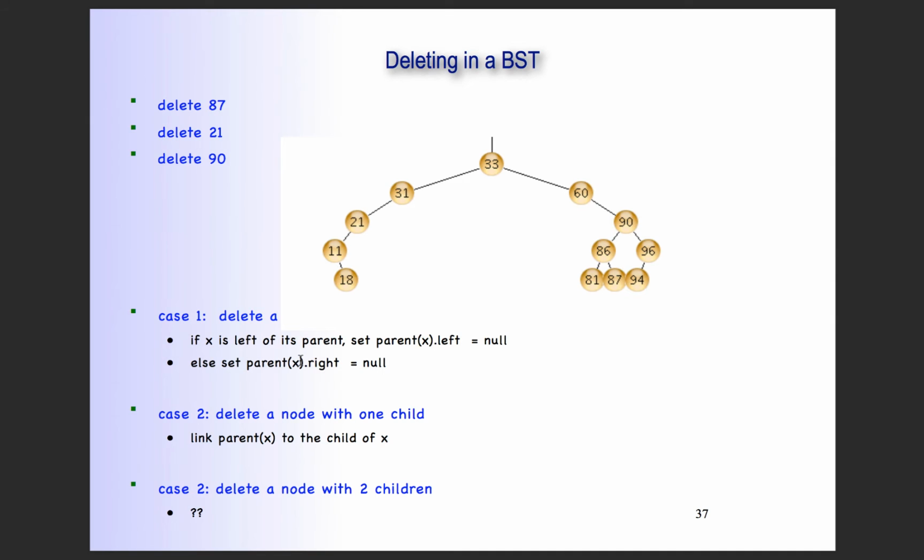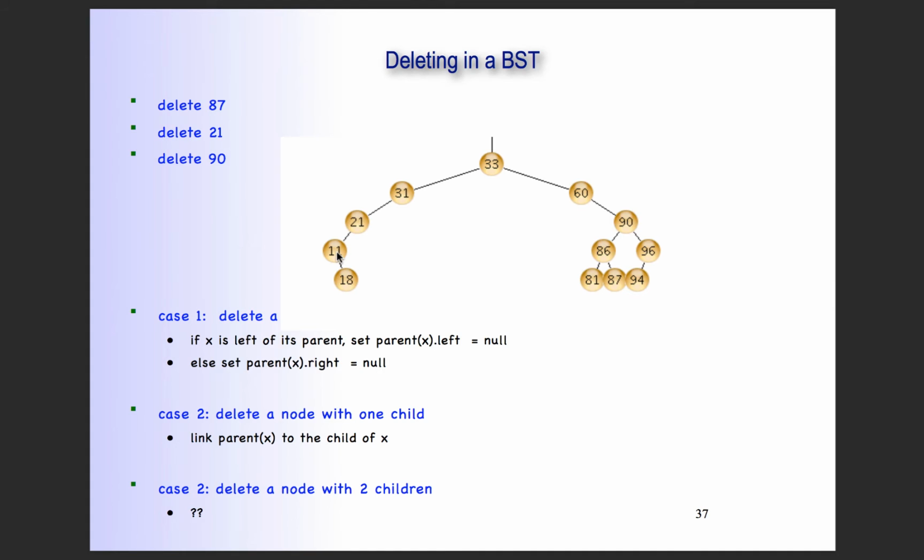Now consider you want to delete a node that has one child. If that node has one child, then what you need to do is shift your data to the parent place. Say for example, you want to delete 11.